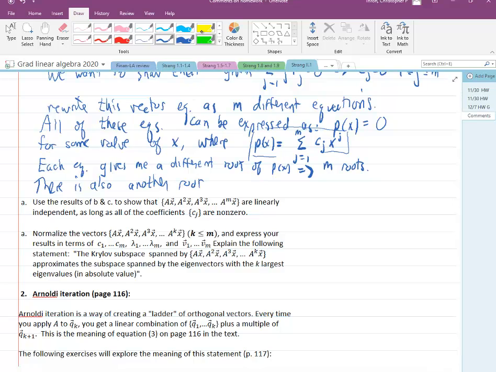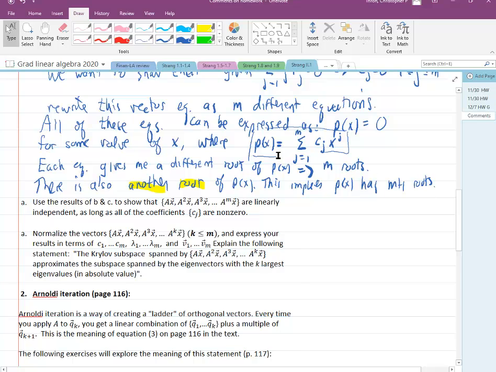And this is the key. A lot of people miss this. There's one more root of p of x. So this implies p of x has n plus 1 roots. Okay. Now that's not possible for a non-zero polynomial.